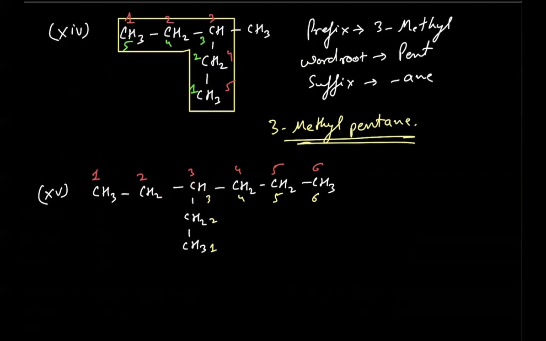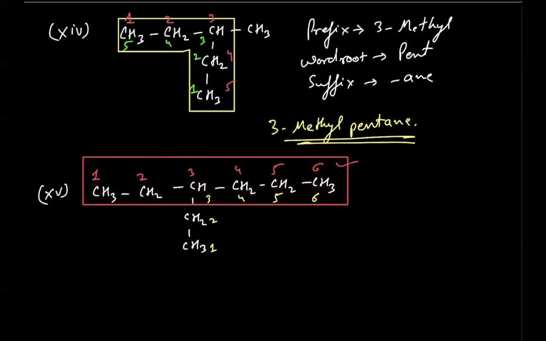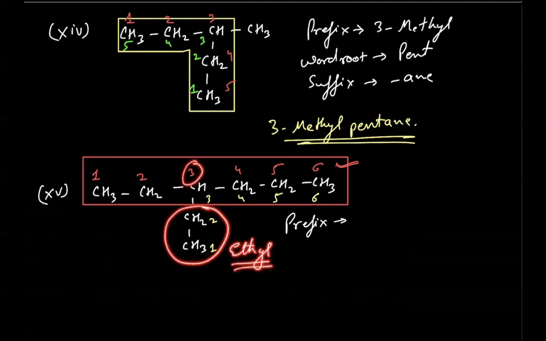So let's select our chain first, and I would like to do this preferably using the straight chain. So let's keep this as our main chain and use the red numbering as the numbering system. The prefix is positioned at 3 and there are 2 carbon atoms. So this is eth because of 2 carbon atoms and yl because this is a side chain.